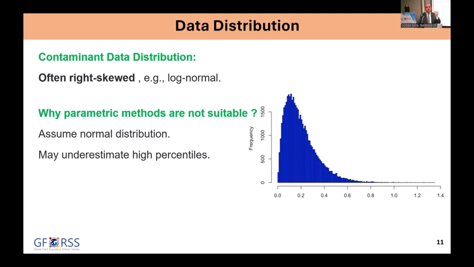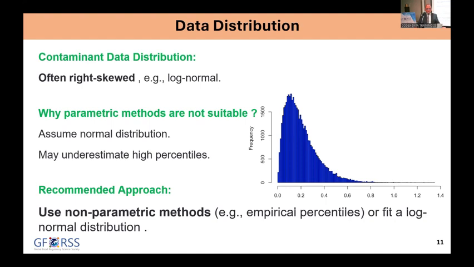So if you use parametric methods, you will be underestimating the real level that we should work on. And here we will have a bad decision because it's based on a bad assessment. So the recommended approach is using non-parametric methods, like empirical percentiles or a fitted log-normal distribution. We'll be talking about it later on.